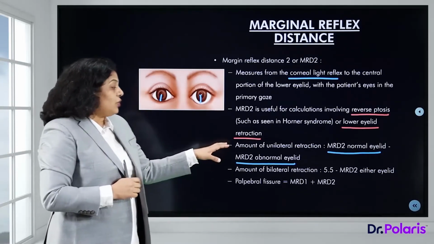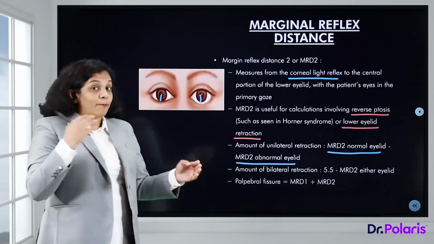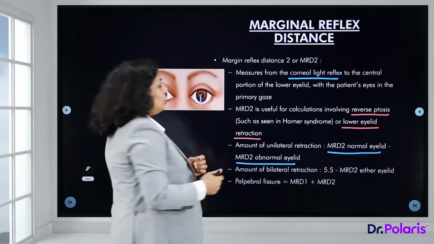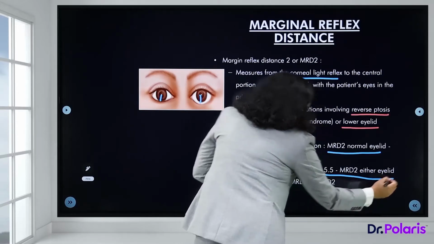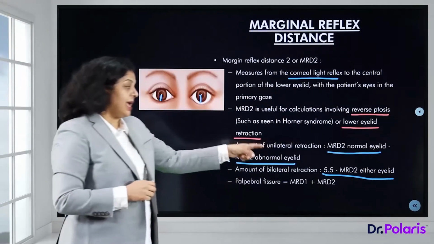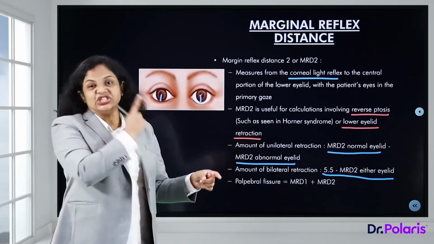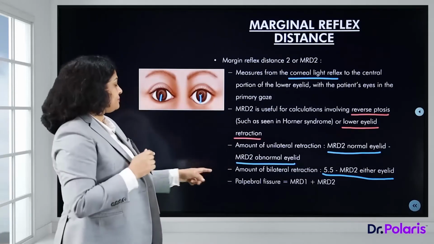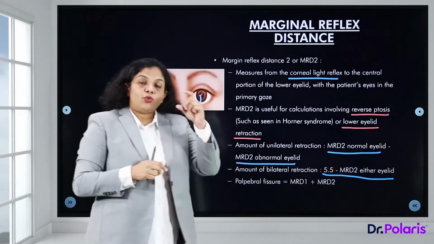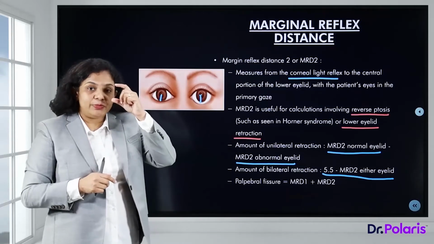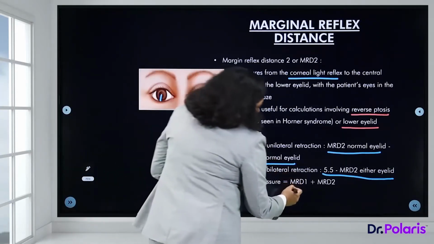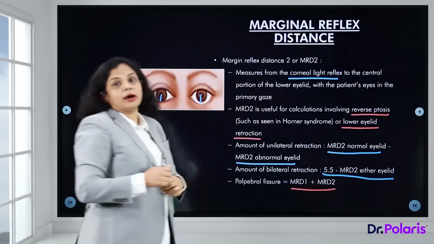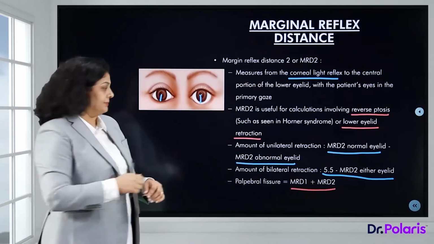If you wanted to measure the amount of bilateral retraction, for each eye, from 5.5, reduce the MRD2 for each eye. Similarly, if you want to find out the palpebral fissure height, you will add MRD1 to MRD2.